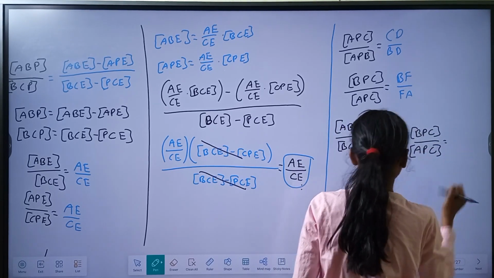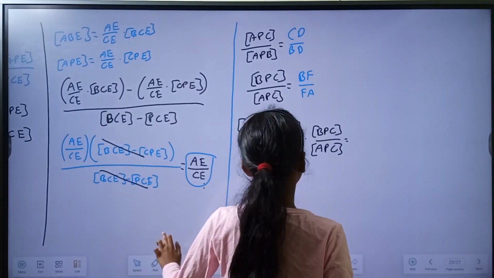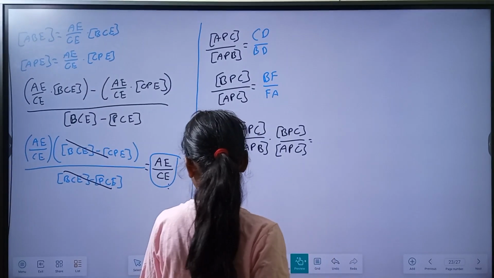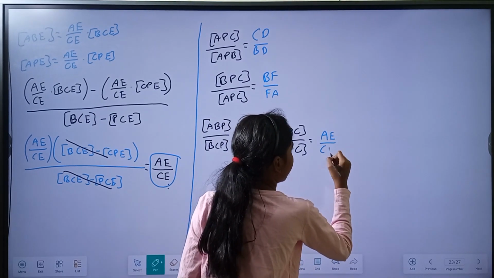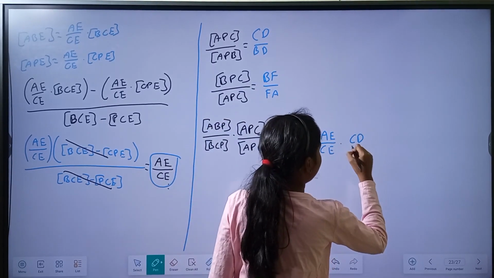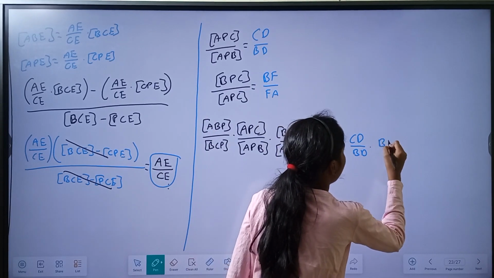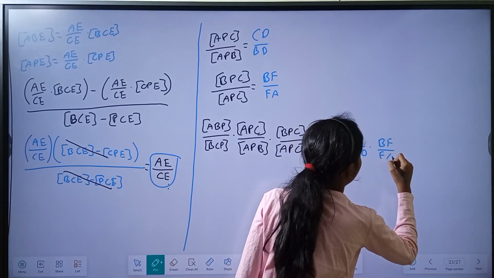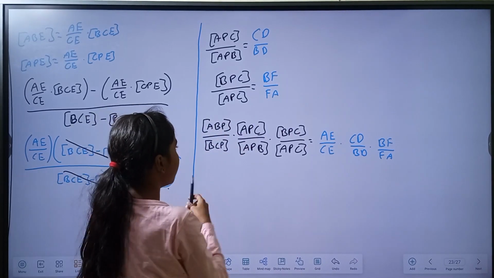And now the corresponding values are: the first one is AE by CE, into the second one CD by BD, into the third one BF by FA. And now in this product on the left hand side we have ABP.